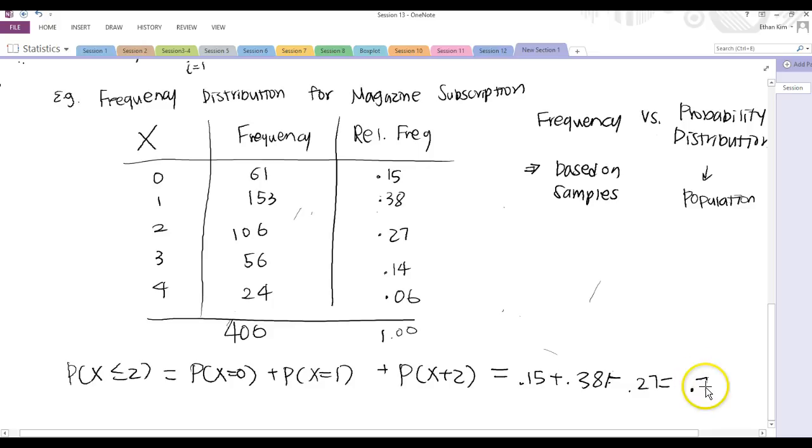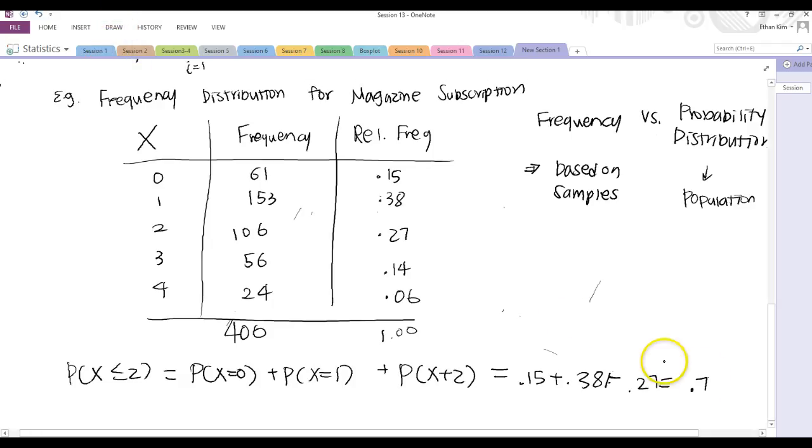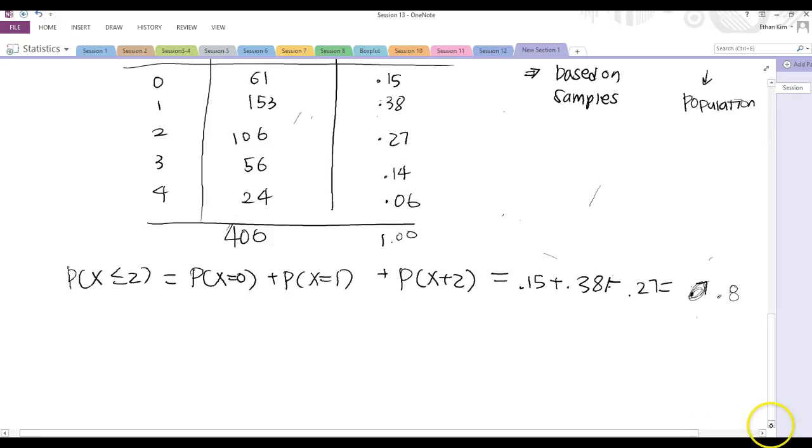Yeah, that should be 8. Okay, so let's just fix this. So this is pretty much when we're talking about these types of probabilities.